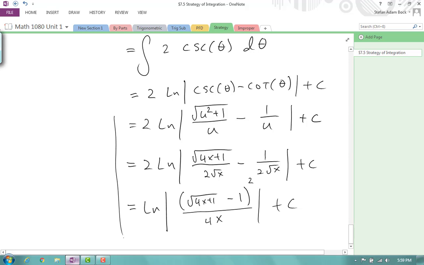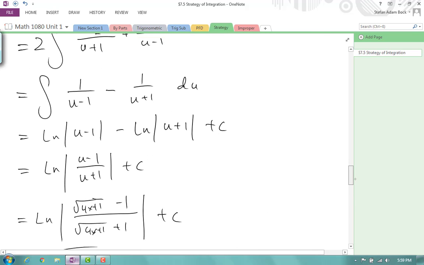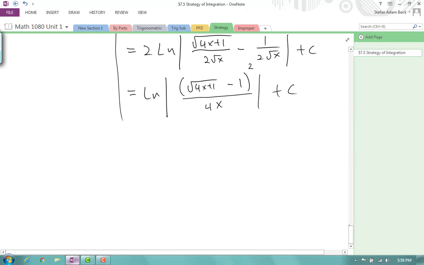Now the answer I had before was square root of 4x plus 1 minus 1 over square root of 4x plus 1 plus 1.